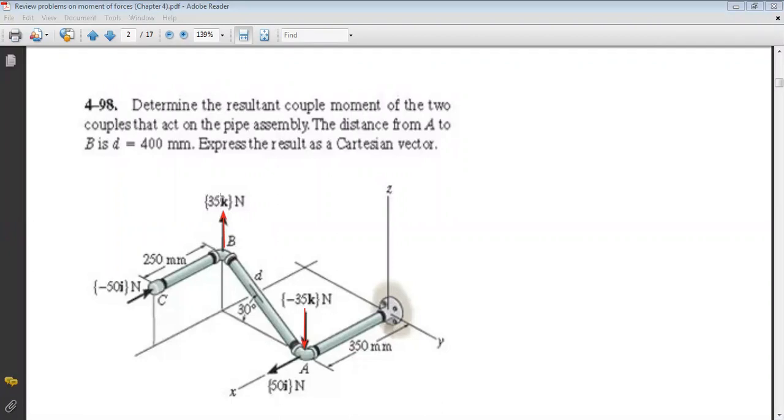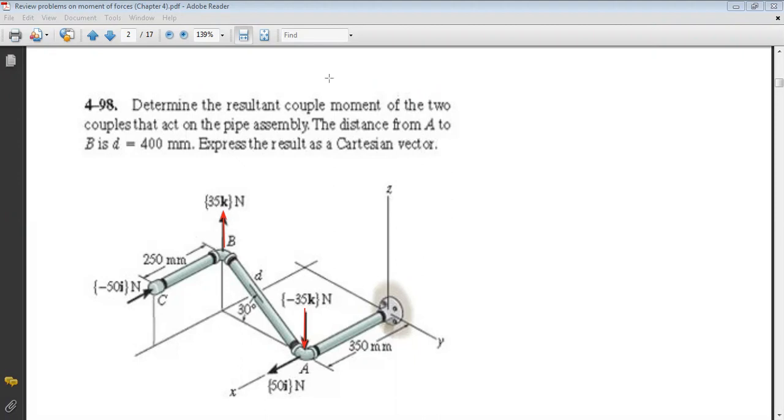Why? Because these two forces are in a plane parallel to yz, so they can only produce a moment about x. So here, instead of doing the vectorial product, I have an easier way, which is to do the right-hand rule, because I know that my couple is only about x. If you do the right-hand rule, it will be along positive x or negative x.